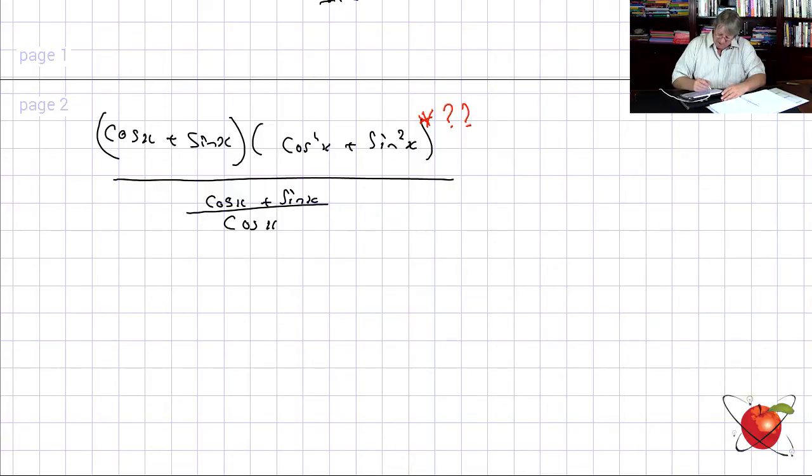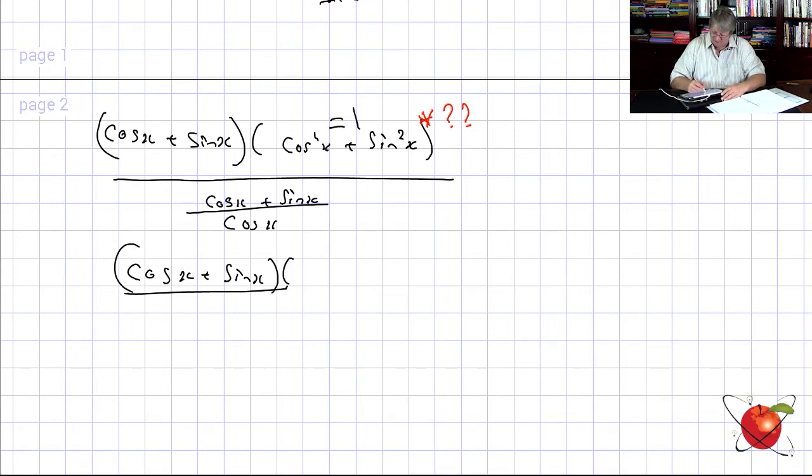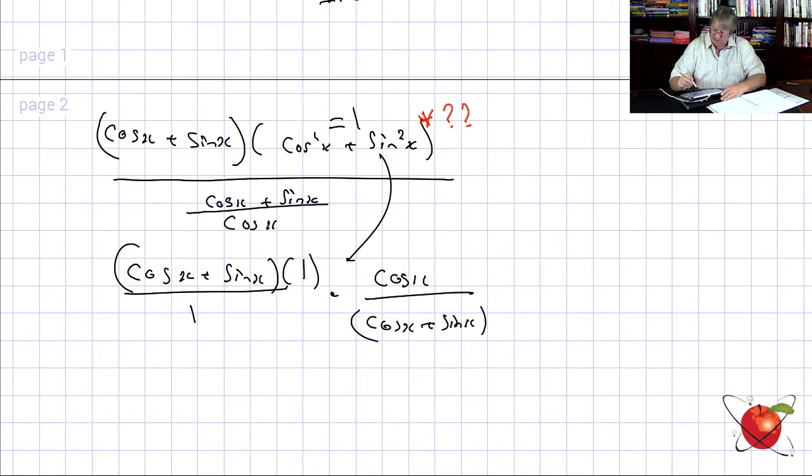Then that becomes, now we can say that's cos x plus sine x, because this equals 1, all times 1 if you like, right? And that is going to be over 1 divided, so I must multiply that by cos x over cos x plus sine x, right? And look what happens again.